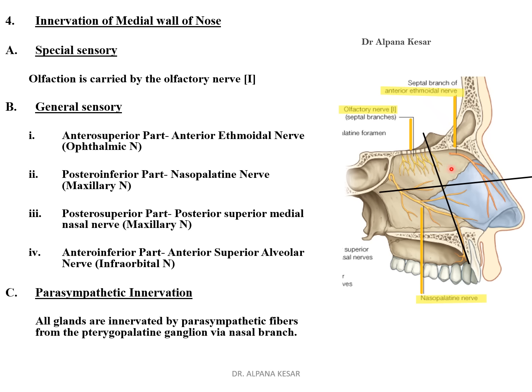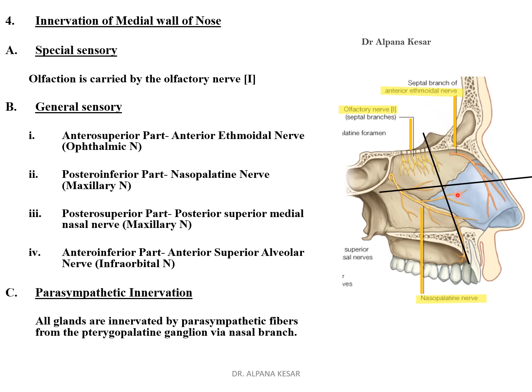Anterior ethmoidal nerve and nasopalatine nerve are responsible for innervation of most of the nasal septum. Small area of posterior superior compartment is innervated by posterior superior medial nasal nerve. Posterior superior medial nasal nerve is a branch of maxillary nerve.